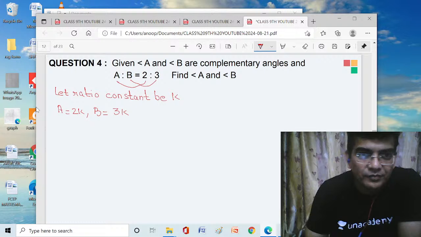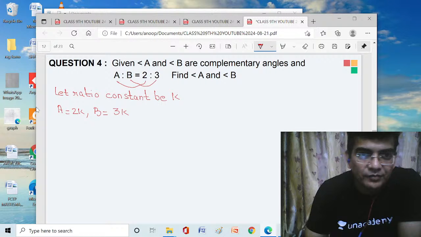Now remember, if two angles are complementary, then their sum must be equal to 90 degrees. Remember this word, complementary represents 90 degrees. So the sum of the two angles must be 90 degrees.